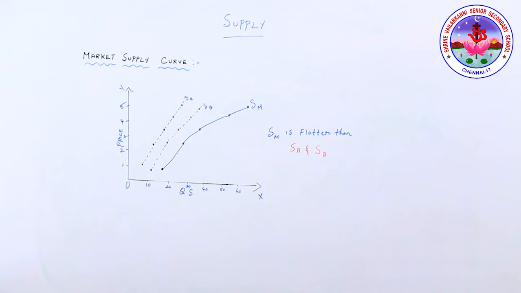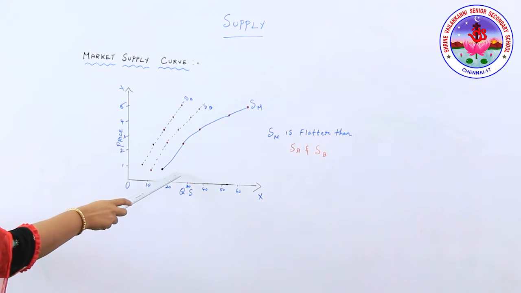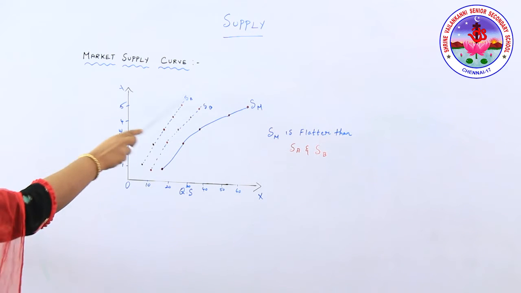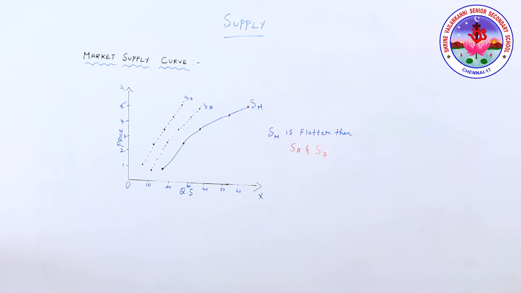Market supply curve refers to a graphical representation of market supply schedule. In this figure, SA and SB are the individual supply curves.